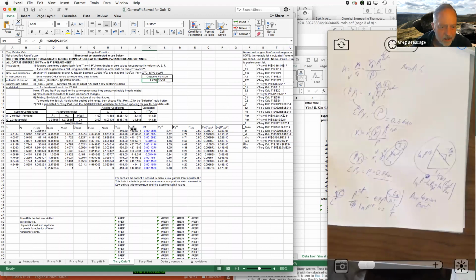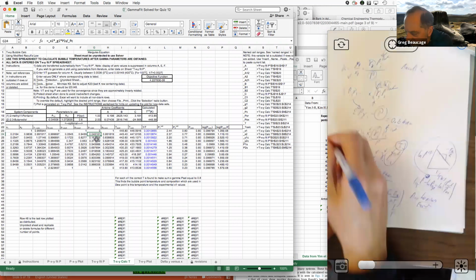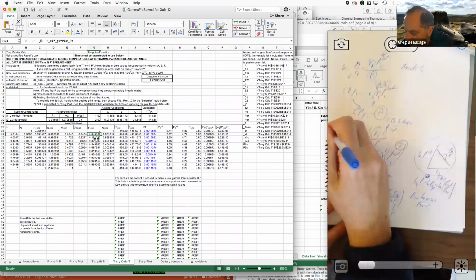Then from that T calc, you can get the Y calc, from the X1, gamma 1, P1 sat divided by the total P, which you just got over here. So you get your X and Y, that's the bubble point. When you're forming a gas phase from a liquid, the sum of Y equals 1.